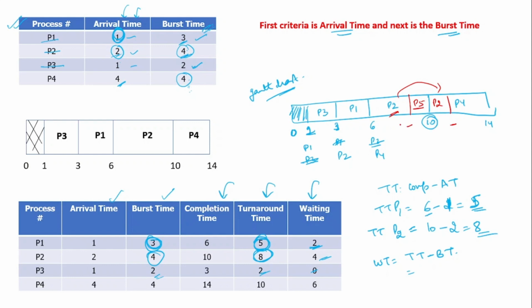So again multiple things would change whenever we have the preemptive version of the shortest job first, and accordingly the algorithm and all the equations will change, because we'll be halting the execution of a process and starting the execution of some other process.